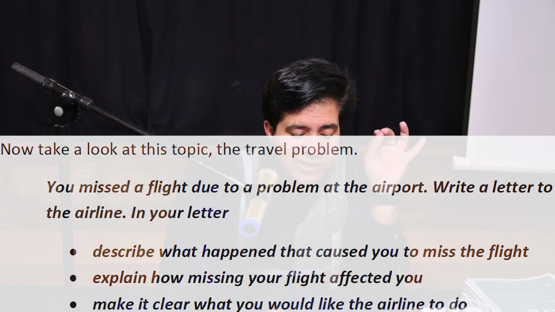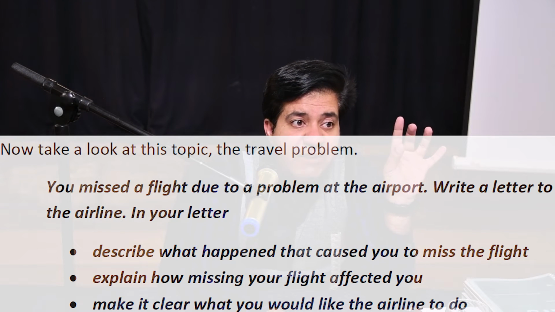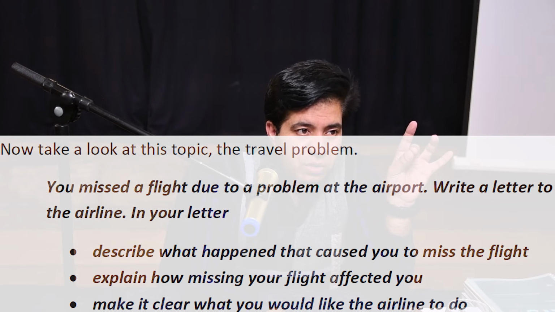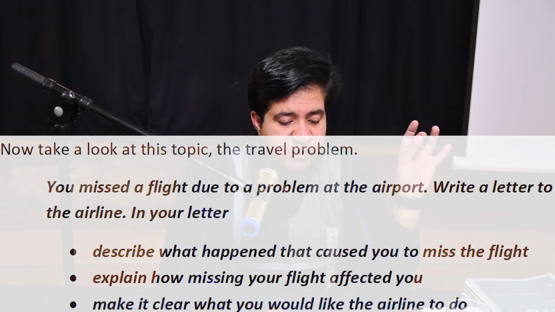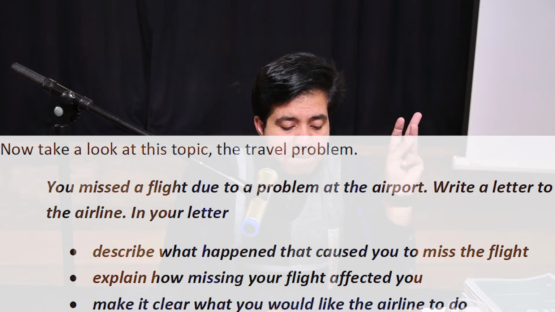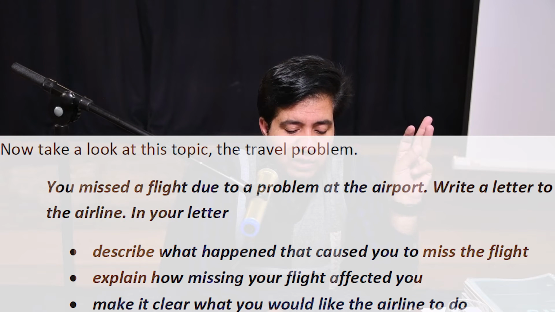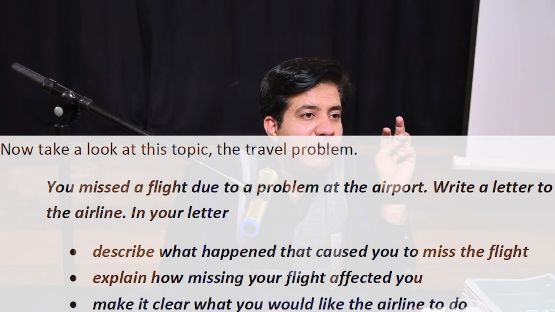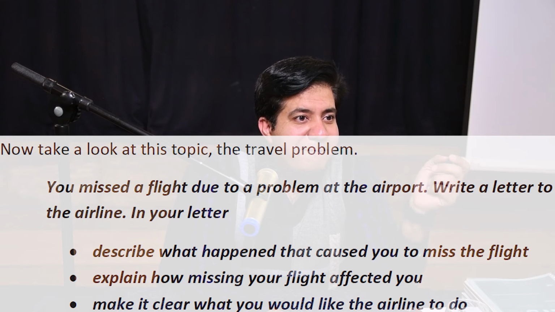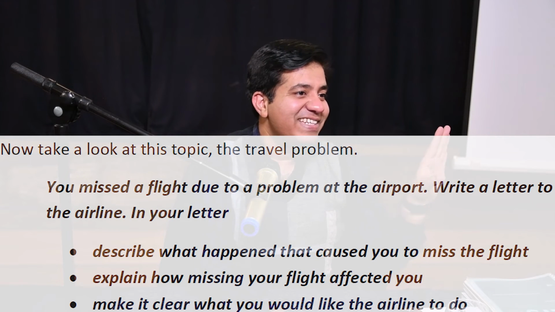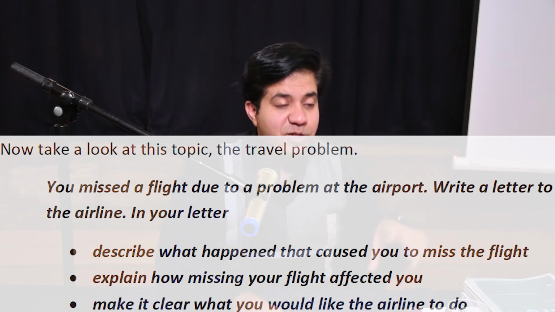Second bullet point, explain how missing your flight affected you. First reason, then the effect of that very thing or impact of that. Third bullet point, make it clear what you would like the airline to do. Right? Now what you would like the airline to do means compensation, that they should gift you an aeroplane. Now that's too much, demanding an aeroplane and all that. So we got 3 things.